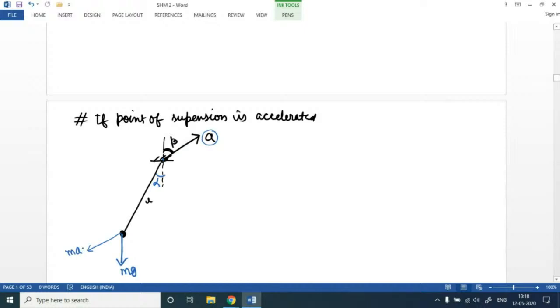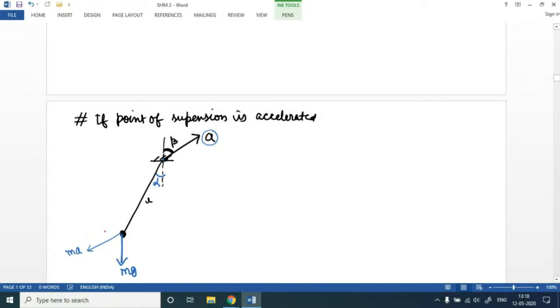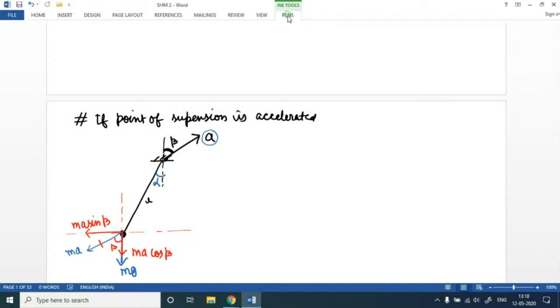Okay, and now we can resolve the forces over here, like for example along horizontal and along vertical, and this angle is beta, so you should realize this would be nothing but ma sin beta, and this would be nothing but ma cos beta over here. Okay, so we have resolved it, and now you should realize, let me draw one another diagram over here.